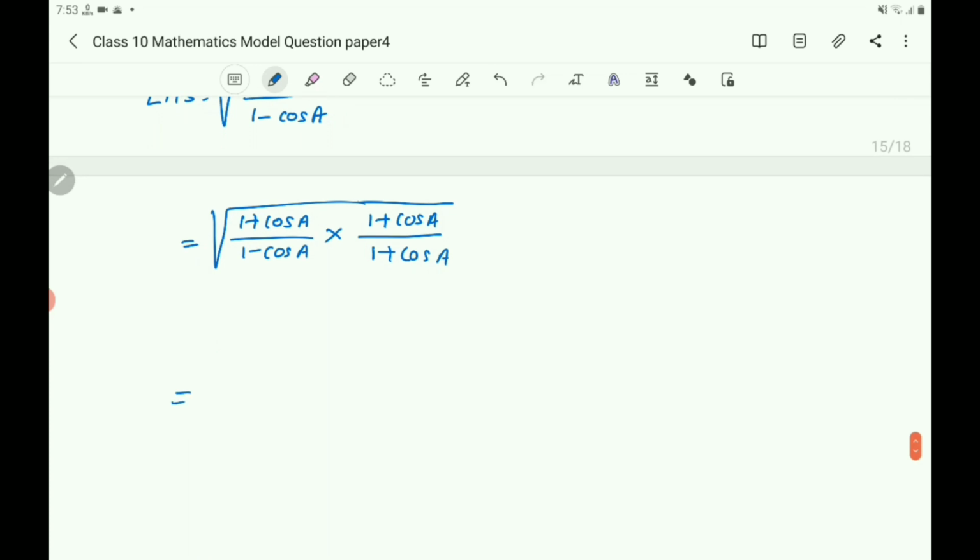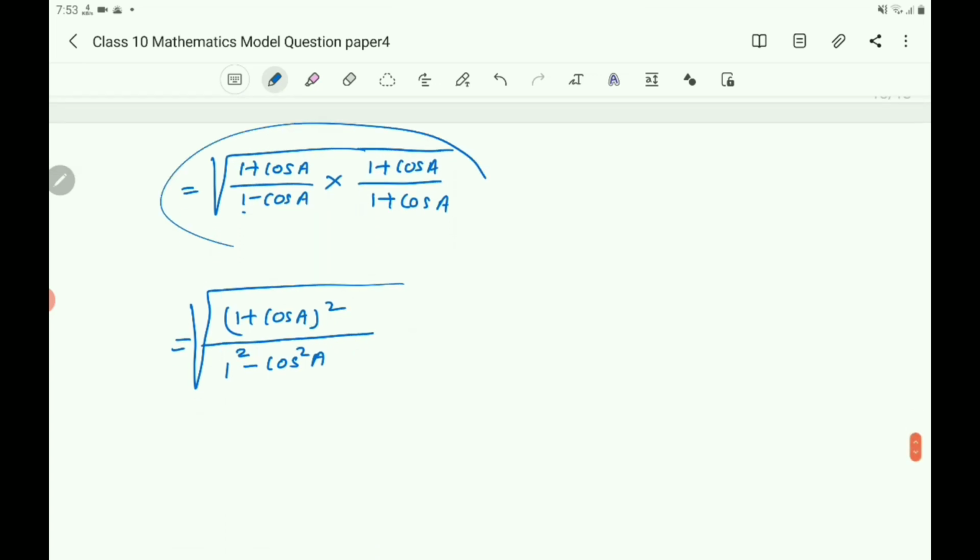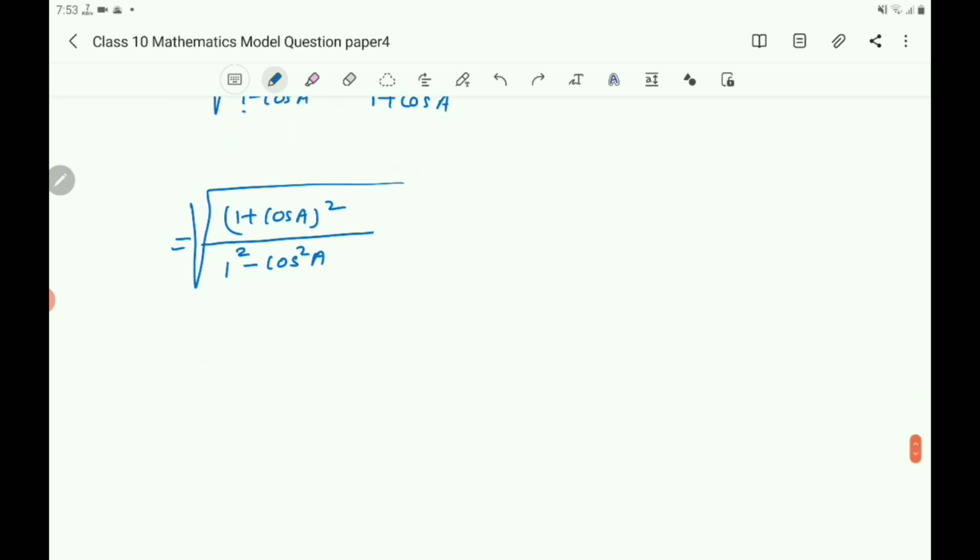Now the numerator becomes 1 minus cos A into 1 plus cos A, which is 1 square minus cos square A, and the denominator is 1 plus cos A whole square, and whole root for this, because this is under the whole root.